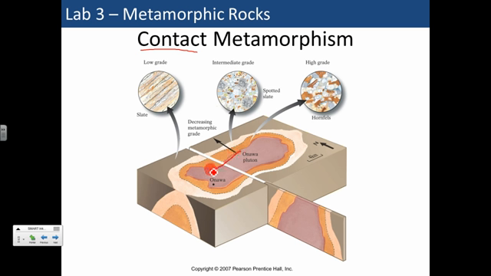In this case, we have a hot body of magma, the Anawa Pluton, sorry about that, here, which has intruded into the rocks, and it is conducting heat out into the rocks around it. Okay.